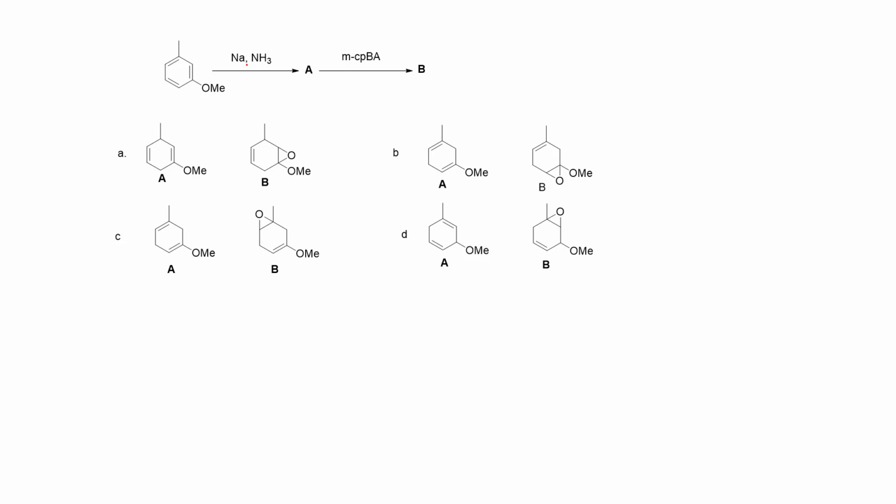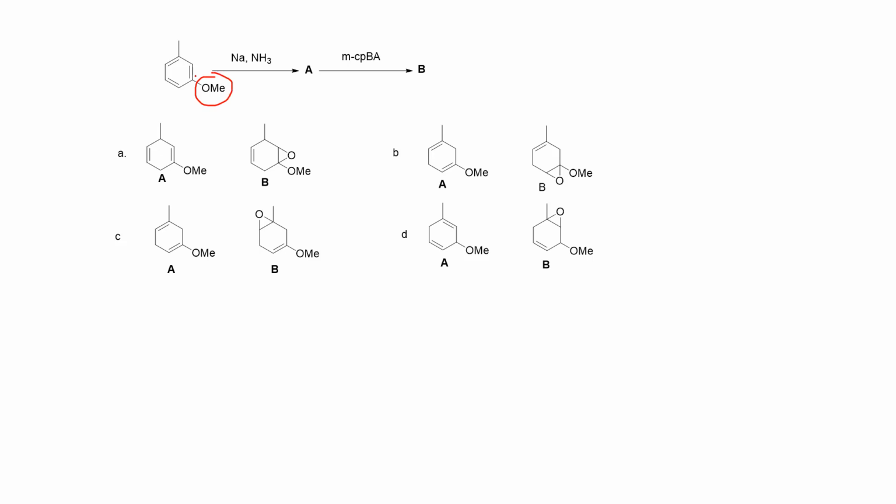Okay, so let's start. What will happen in this case? If you add sodium and ammonia, it will undergo a Birch reduction. Now this OMe is an electron donating group.